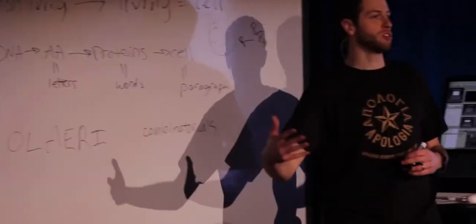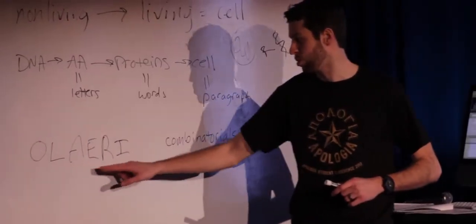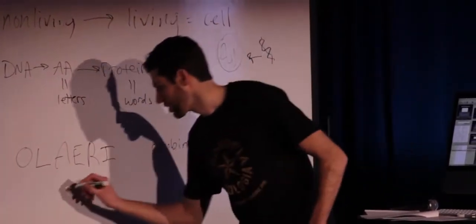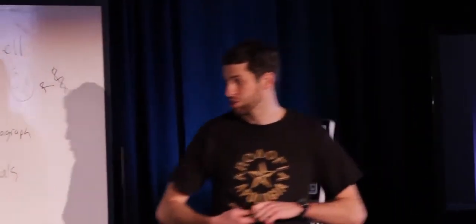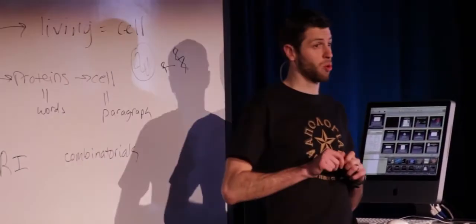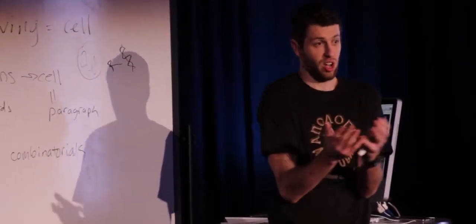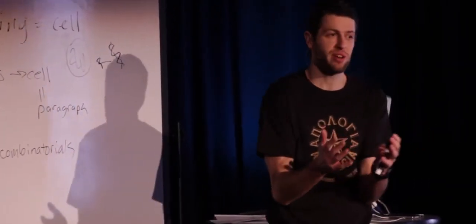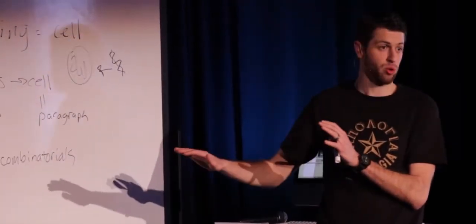And you don't add those, you multiply them. So the possible combinations, 1, 2, 3, 4, 5, 6, that's 26 to the 6th power. That's a lot of combinations for just a 6-letter word, right? So the chances of us producing a real word were very, very slim based on those calculations. So that is the problem of combinatorials.